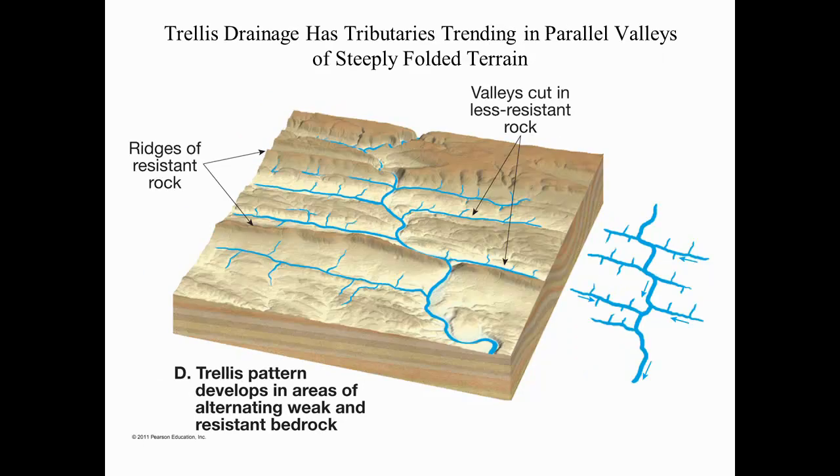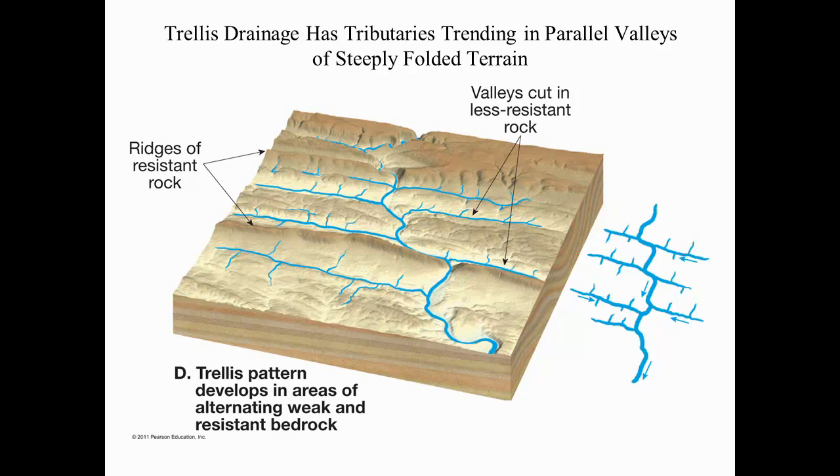Trellis drainage has tributaries trending in parallel valleys of steeply folded terrain in areas of alternating weak and resistant bedrock. And this type of pattern is typically found in, for example, the Appalachian Mountains, particularly in places like Pennsylvania.